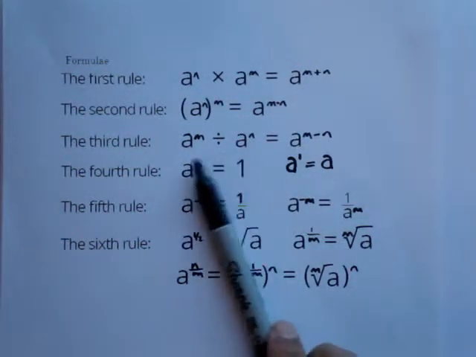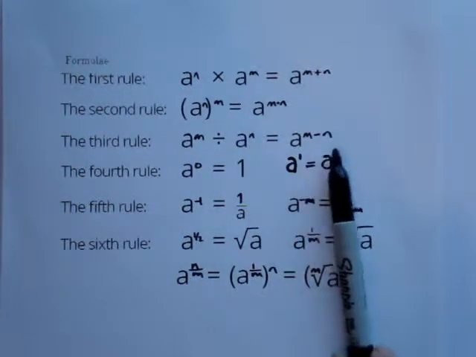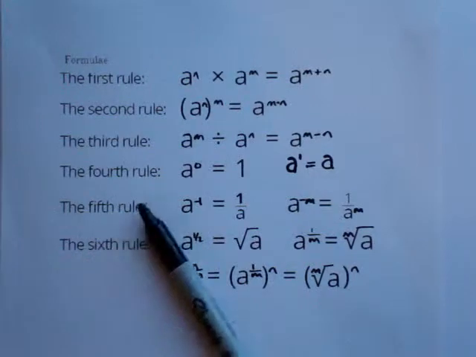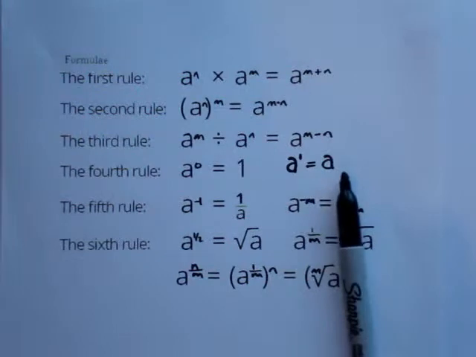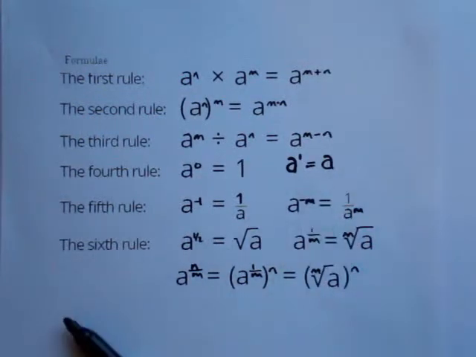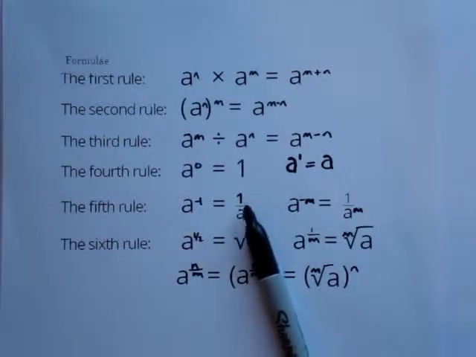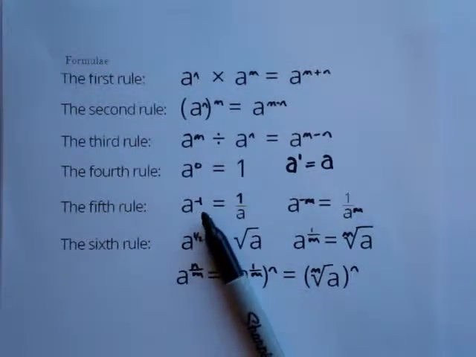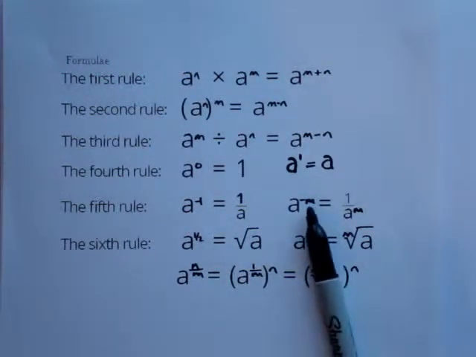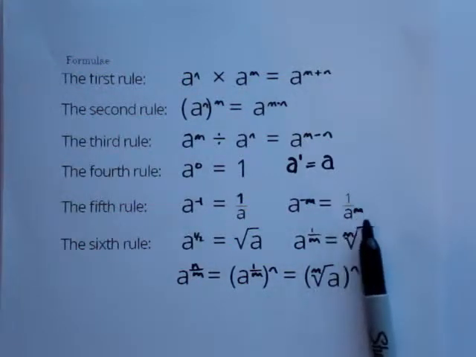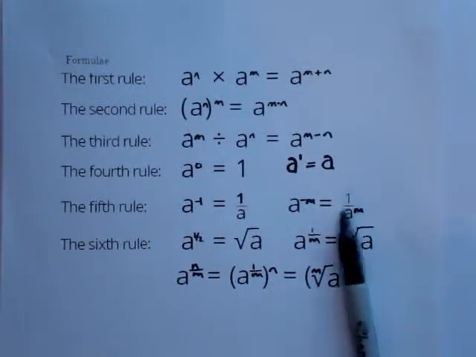When we're dividing something with the same base to different exponents, we subtract, m minus n. A, or anything to the power 0, is 1. A to the power 1 is just itself, a. When we have something to a negative power, it's the reciprocal. So a to the negative 1 exponent is 1 over a. So a to any negative m is 1 over a to the m. The minus just stands for the reciprocal, which is 1 over.